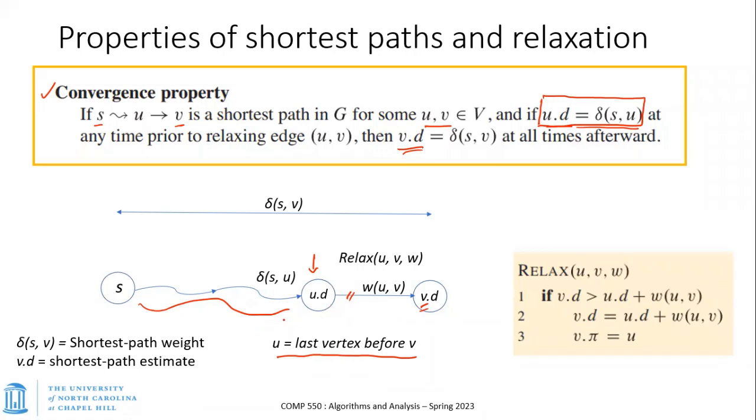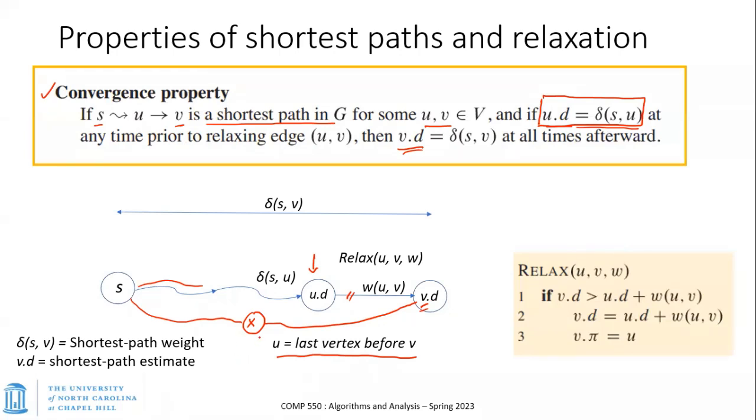Okay, so let's say that you have another path going through some other vertex X, and this particular path is actually shorter. But by definition, we're saying that this particular path going through U and then to V is a shortest path.